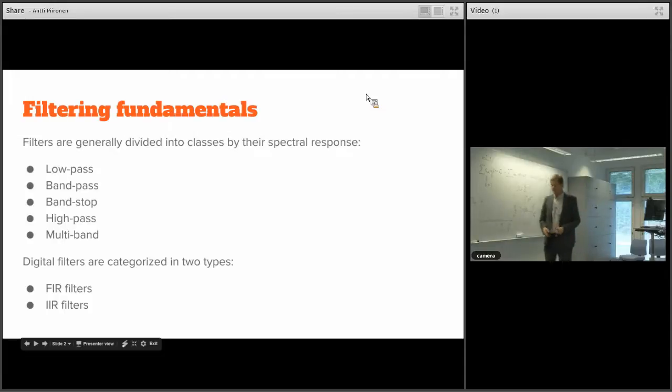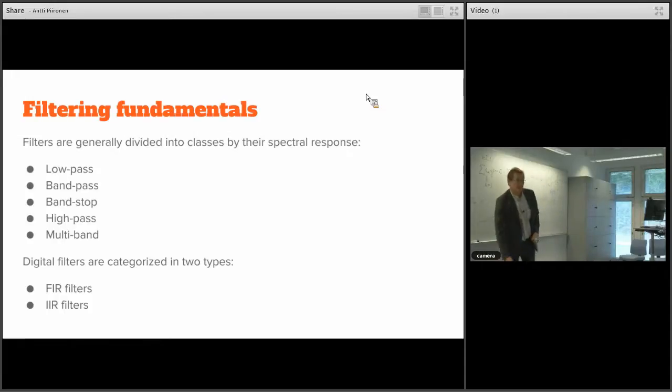Filter fundamentals. So first of all, how the filters are categorized, and that's roughly how it goes in the world of digital filters. We have low pass, band stop, high pass, multiband, based on the behavior of the filter in frequency space.